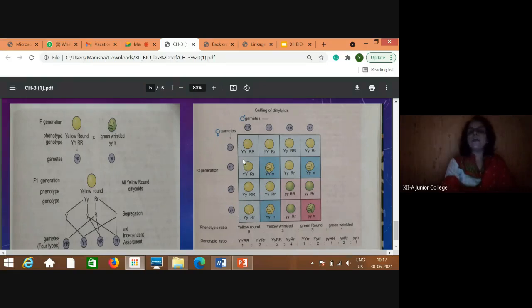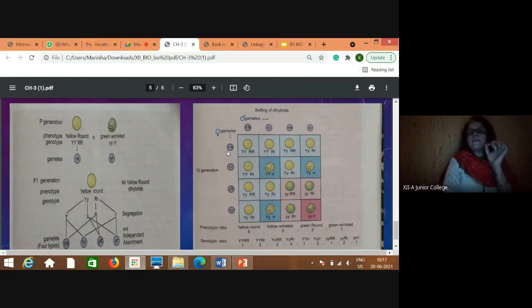Now, what is the combination of one male with one female? Consider the first female gamete from the left, capital Y, capital R, and the first of the transversely arranged male gametes, capital Y, capital R. What is the result? You can see all capital, that means all are dominant.